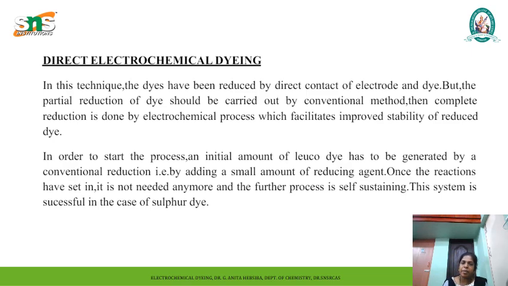Then the reaction is set in by the electrochemical process. The reducing agent is not needed anymore, and the further process is self-sustaining. The system is successful in the case of sulfur dye. Initially, we reduce the dye to leuco form by the conventional method, and then it is sustainable.